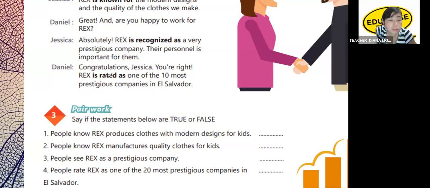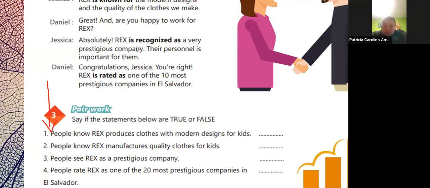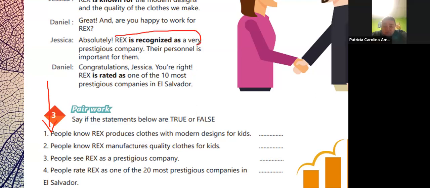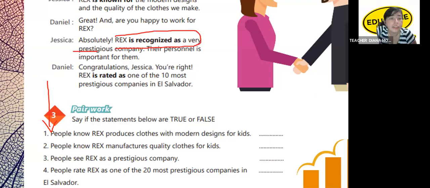Okay, so let's continue here. In this case, you have the subject, which is the most important. But in this case, we don't care who. Rex is recognized as a very prestigious company. It doesn't mention who, right? Who recognizes it?